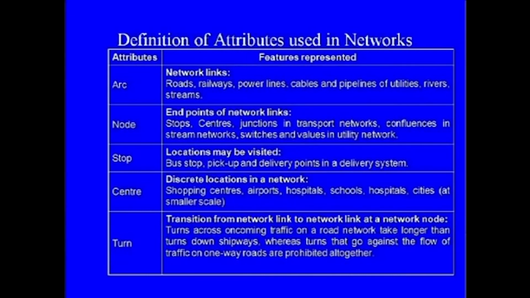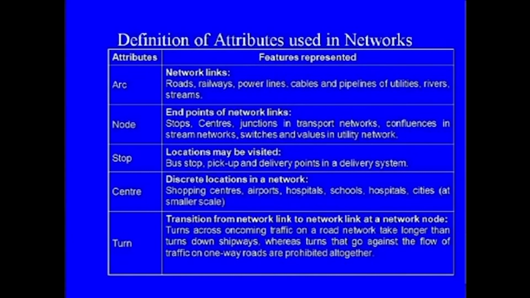Node is the end point of network links. So, it may represent features such as stops, centers, junctions in transport networks, confluences in stream networks, switches and valves in utility networks.